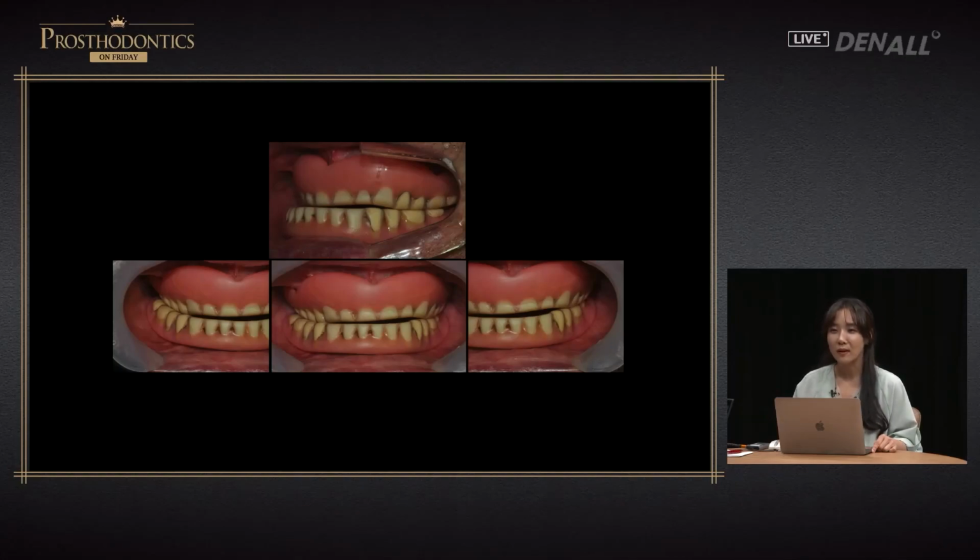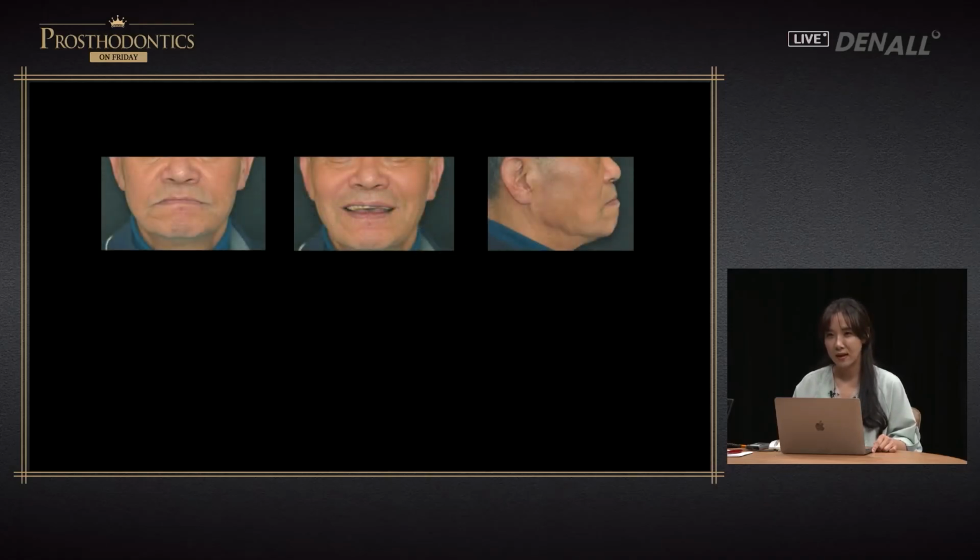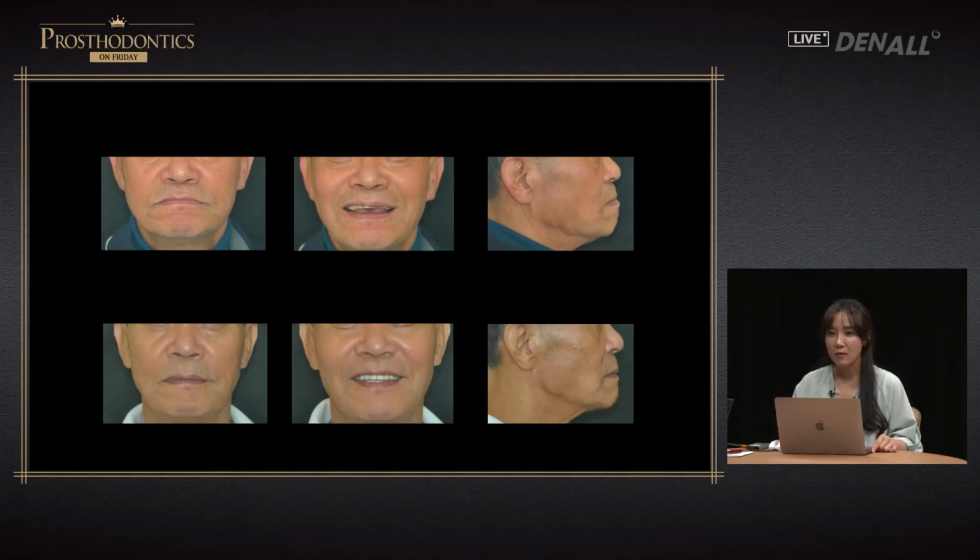In addition to the incorrect interjaw relationship setting, occlusal or plane setting, there's a big problem with the selection and arrangement of artificial teeth, which is the topic of this seminar.